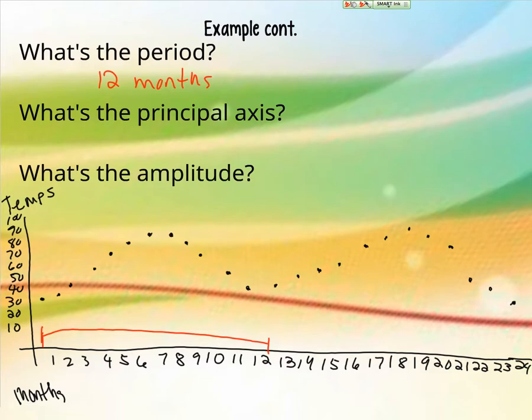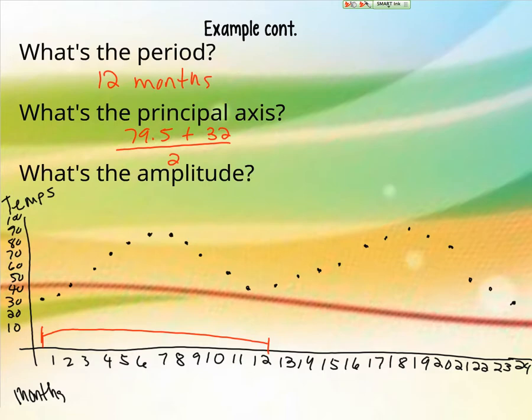This is kind of hard to get from the graph, but when you do your assignment, you'll have the chart in front of you with all the numbers in it. Remember, the principal axis is when you add the maximum and the minimum and divide by 2. The maximum was 79.5 and the minimum was 32. Again, I know it's hard to get from my graph, but you'll have your charts in front of you.